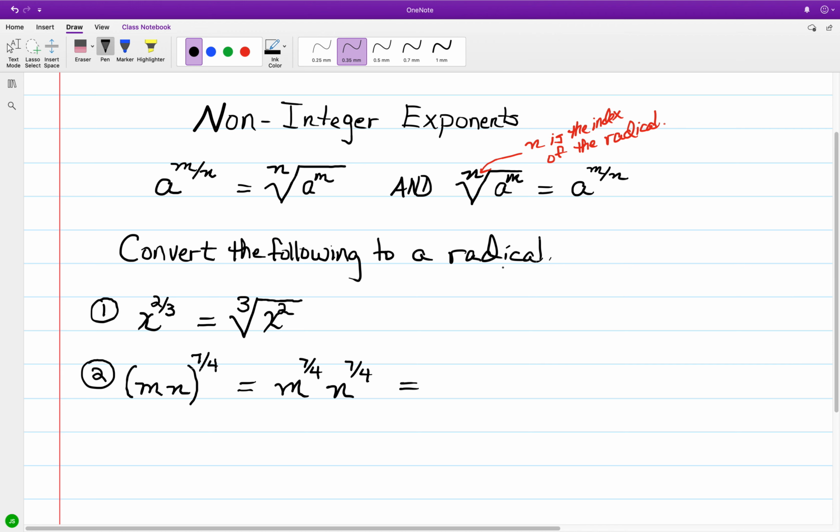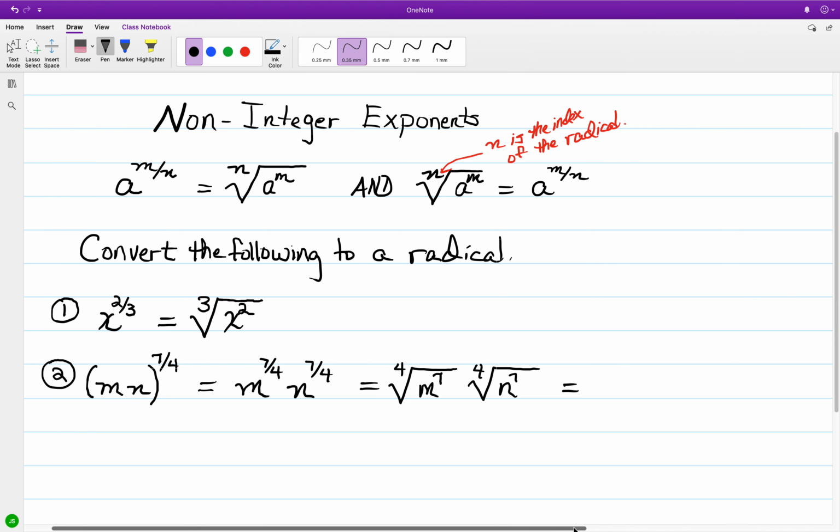So we have for m to the 7/4 the 4th root of m to the 7th, and for n to the 7/4 the 4th root of n to the 7th. Anytime you have like radicals, we can squeeze the terms together under the same index number.